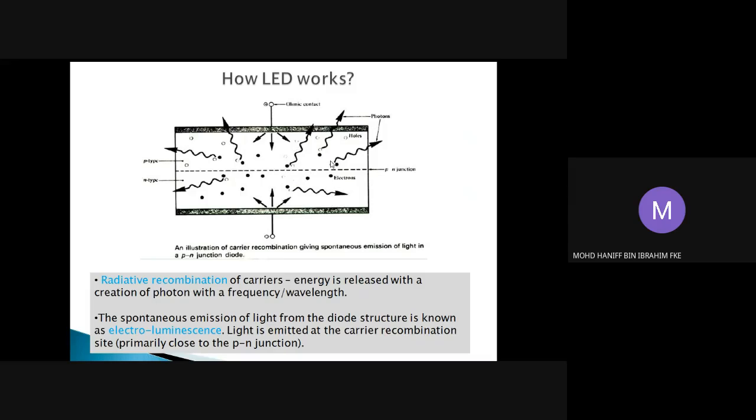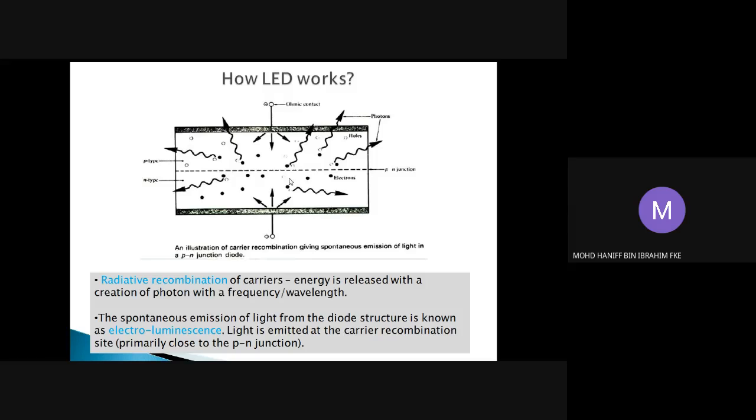At this p-type material, there should be a process of recombination in which electrons that have been transferred from the n-type to the p-type will recombine with the holes, and as a result of this recombination, a photon will be produced with the energy of the bandgap, hf. So this is how the energy is produced by the recombination process in an LED.